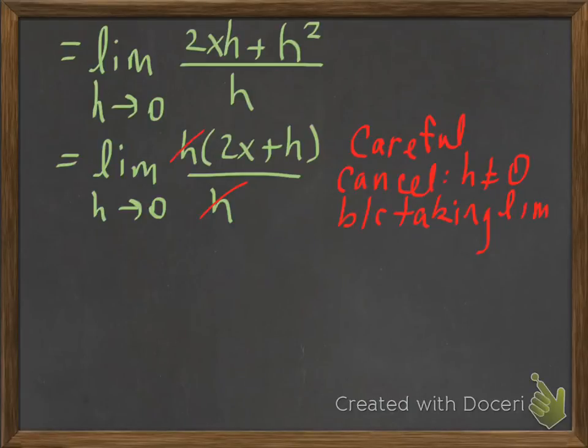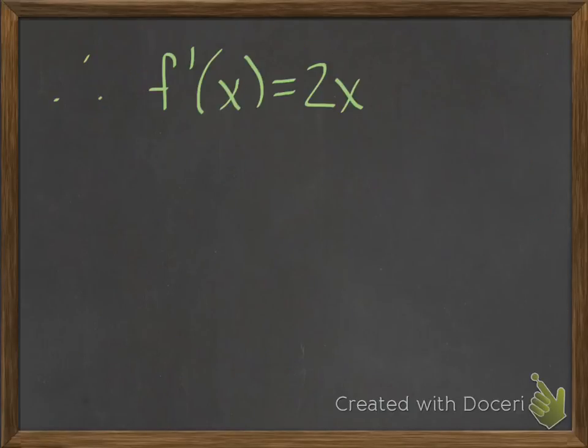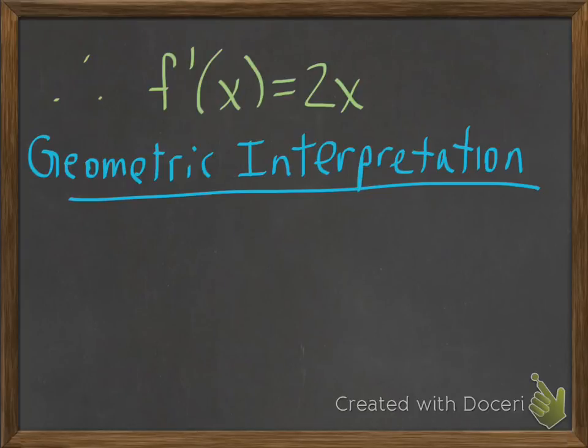It gets really small but never equal to 0, so my canceling is legal. And I'm left with the limit as h goes to 0 of 2x plus h. Now substitution is fair game, so I plug in 0 for h, and I am left with 2x. So my conclusion is that the derivative function f prime of x is equal to 2x.